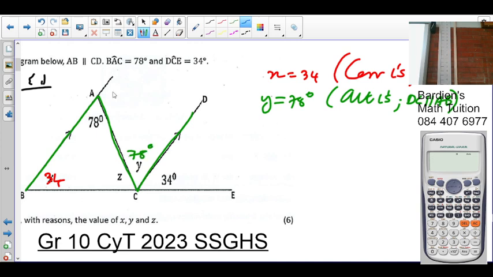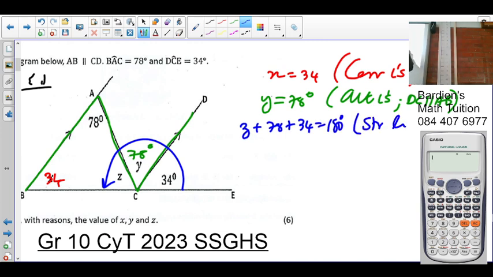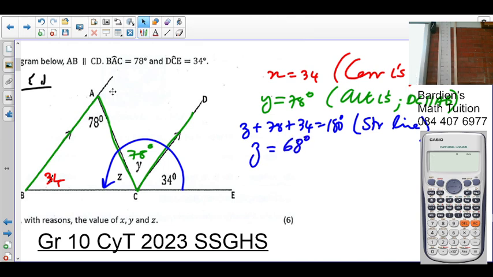It's either the sum of angles in a triangle or angles in a straight line. So Z plus 78 degrees plus 34 is equal to 180. We've got angles in a straight line. So Z works out to be 68 degrees. Okay, you guys understand?